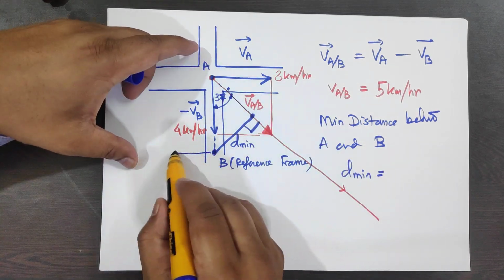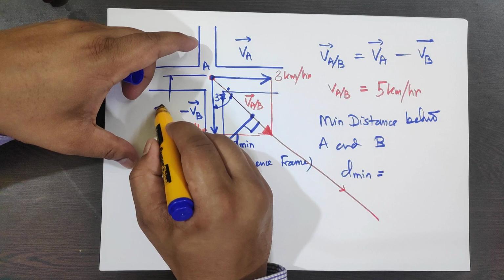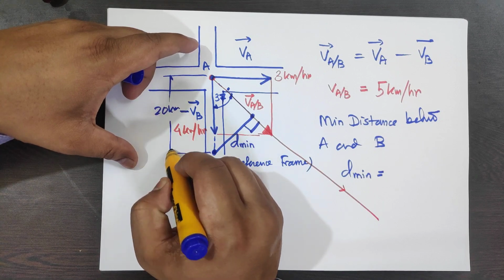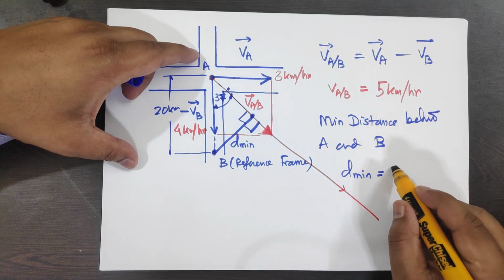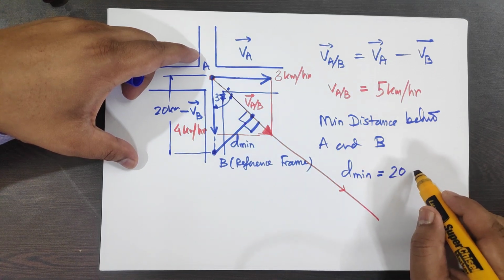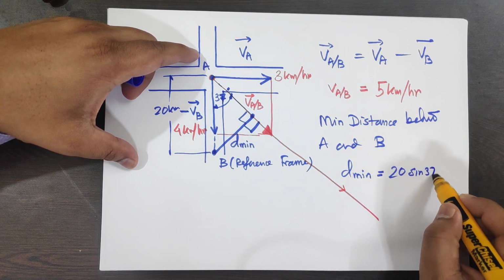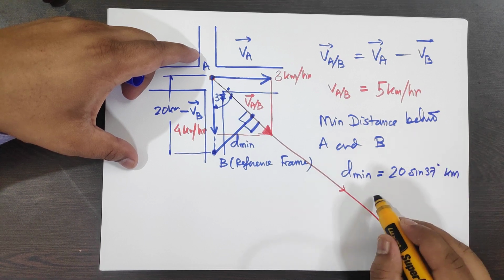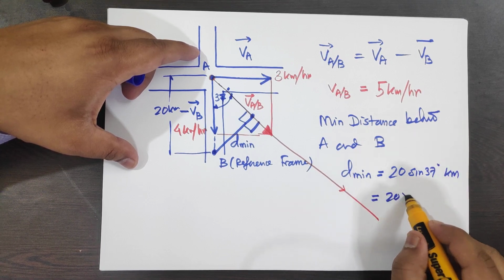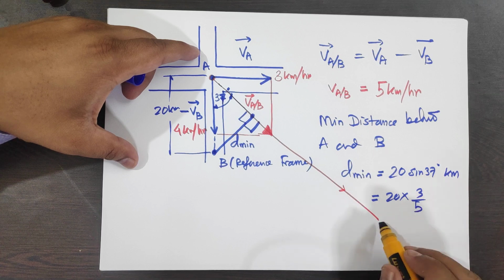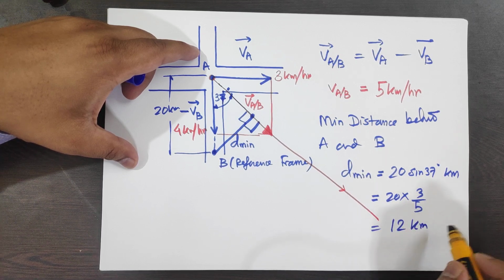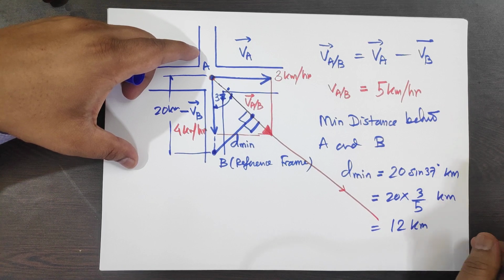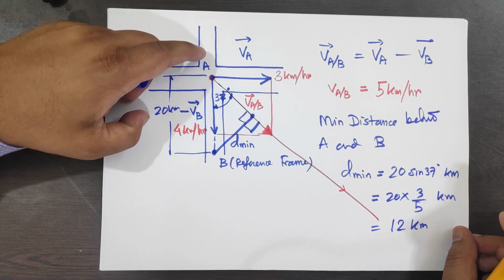This distance is 20 kilometer. So it's 20 sine 37 kilometer, that is sine 37 is 3 by 5, so that is 12 kilometer. Minimum distance between A and B is 12 kilometer.